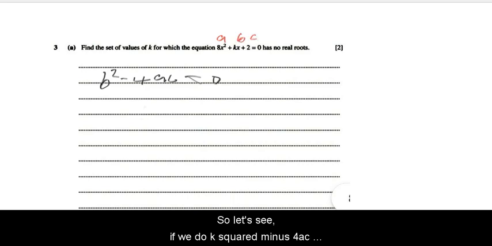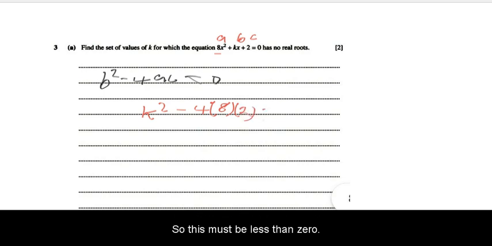So let's see. If we do k squared minus 4ac becomes 4a, so we are going to have 4 by 8 times c, which is 2. So this must be less than 0.